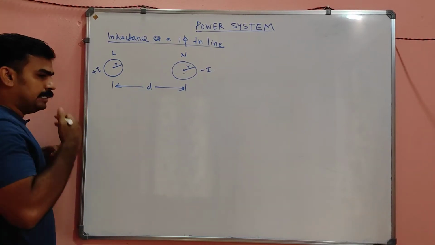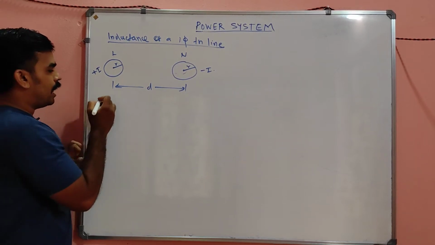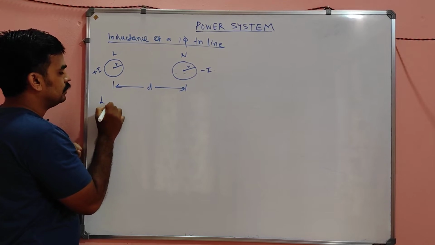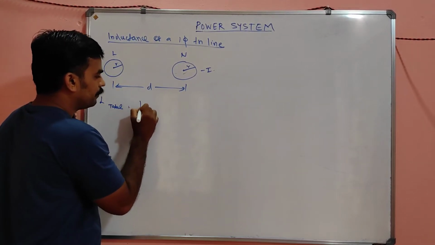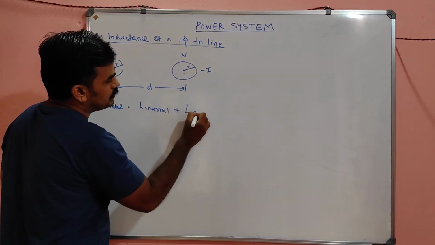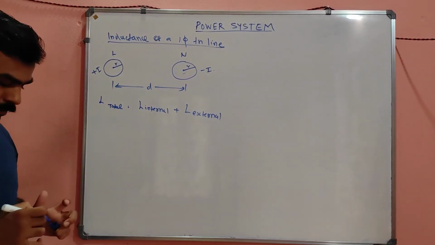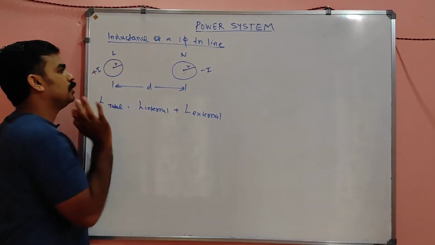See, my dear, the inductance of a single phase transmission line is contributed by L internal plus L external, so L total is nothing but L internal plus L external. Focus on one conductor only.